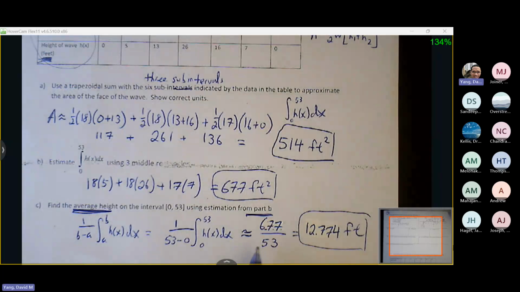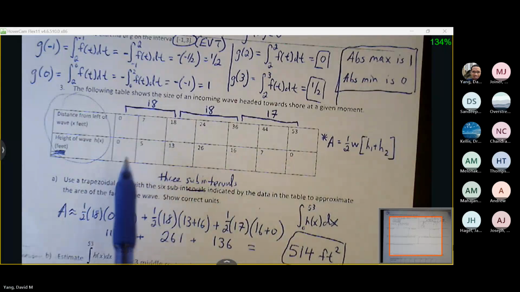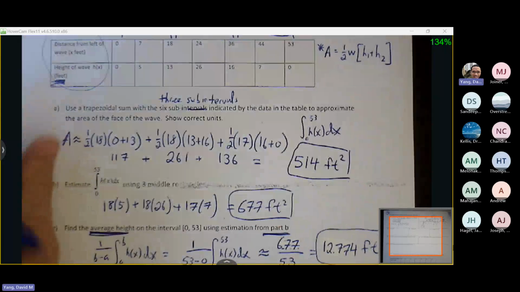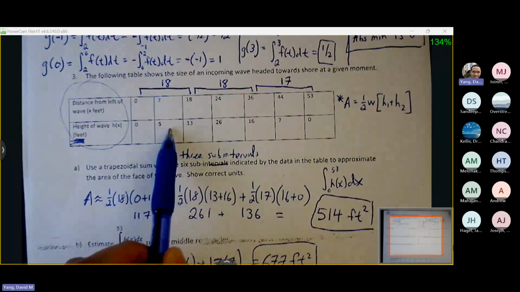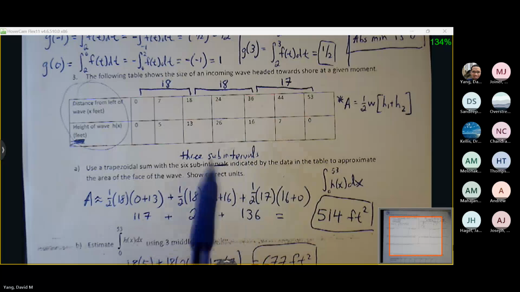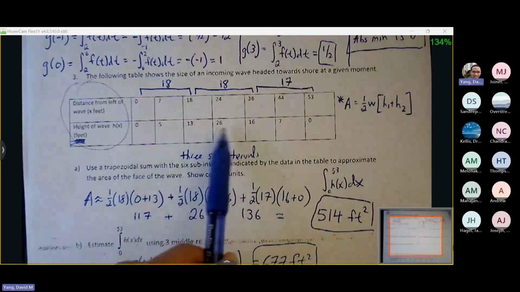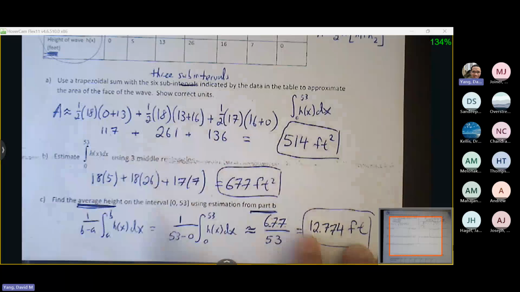Yeah, feet squared divided by feet, we're back down to feet. So if we were to average out all these different heights, our approximated average height is 12.7. And that should make sense, right? You look at all these heights. If you just do a quick visual, 12 lands somewhere between 0 and 26. So that seems to be a reasonable average height.